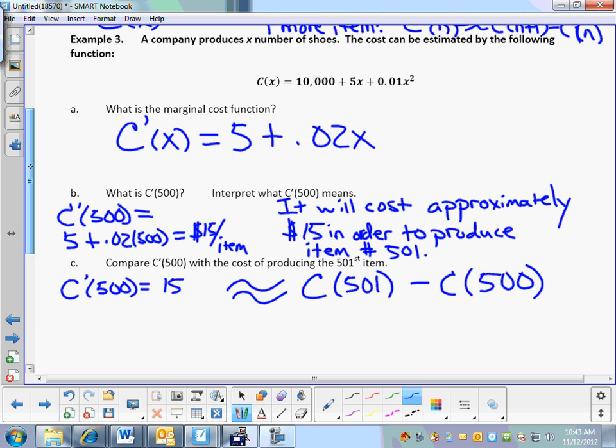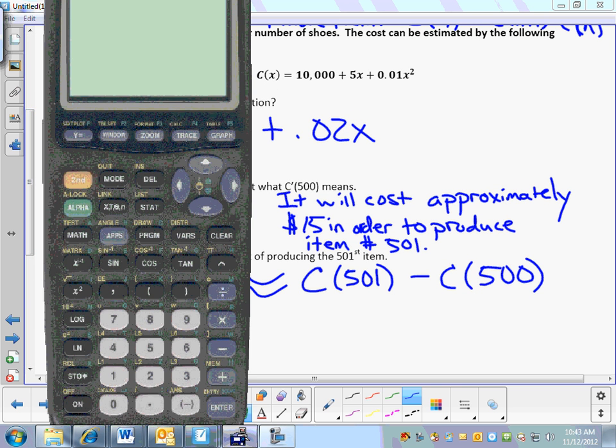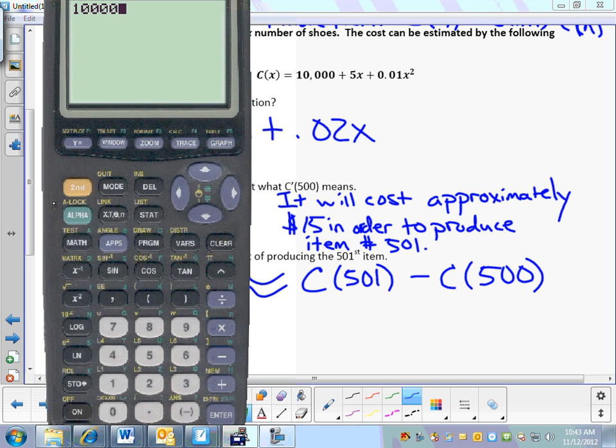So let's figure these out. Let's try 501. We'll plug it into the original: 10,000 plus 5 times 501 plus 0.01 times 501 squared. And I get 15,015.01.